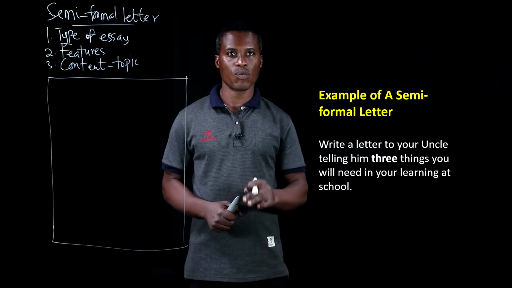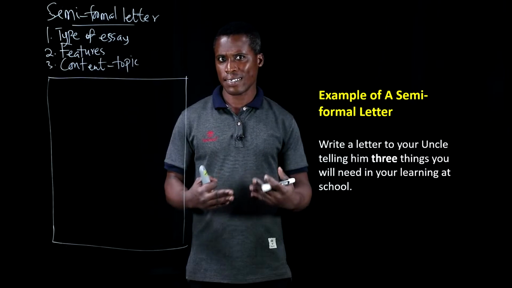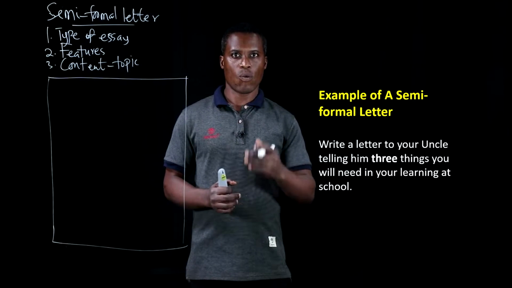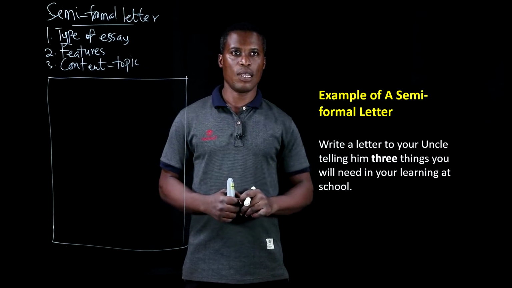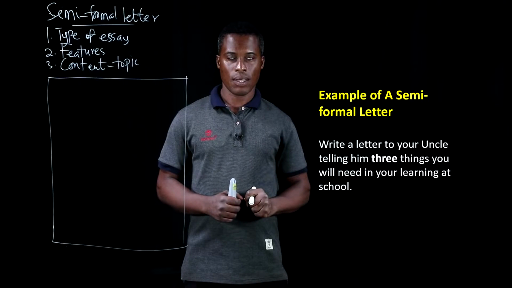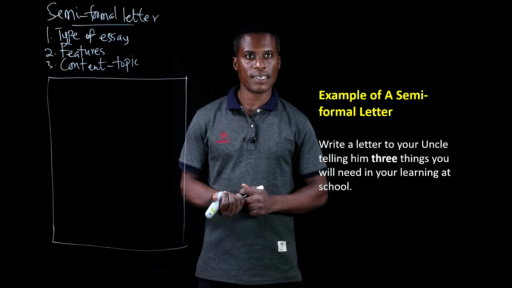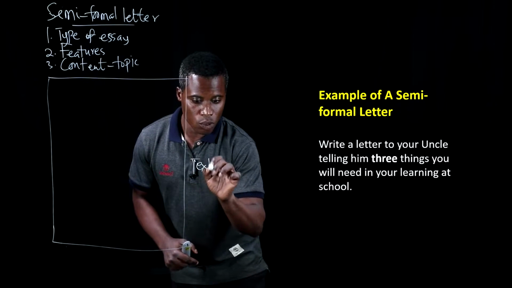So the first thing you have to identify is the content. What is the question asking you to do? The question is requesting things you will need in your learning. So you write it somewhere so that you can explain them when writing the letter. The first thing is textbook. You need a textbook to learn.